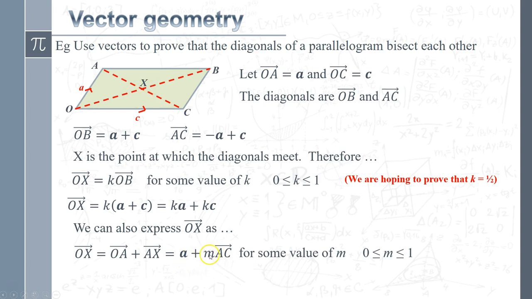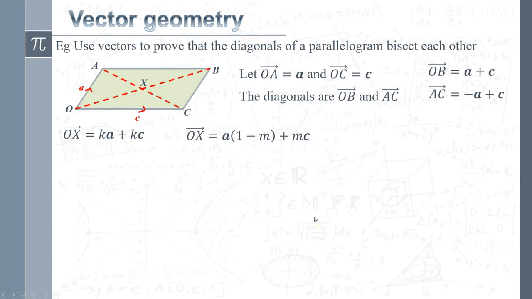So I'm going to say it's A plus some fraction of AC, for some value of M. And again, clearly I'm hoping that M is going to turn out to be a half, because that's what we're aiming to prove. So we've got our expression there for OX, which is A plus M lots of, and this bit here, this is our AC that we had before. Multiply out the brackets and do a bit of tidying up, so I can refactorise this by taking A outside the bracket. So I end up with an expression which is A(1 minus M) plus MC.